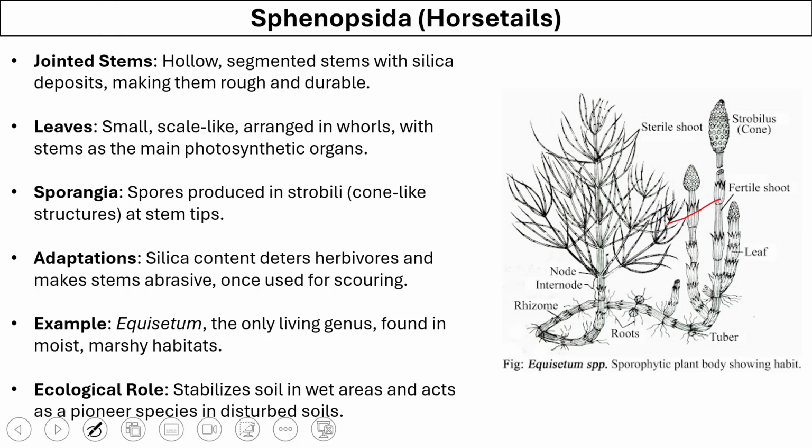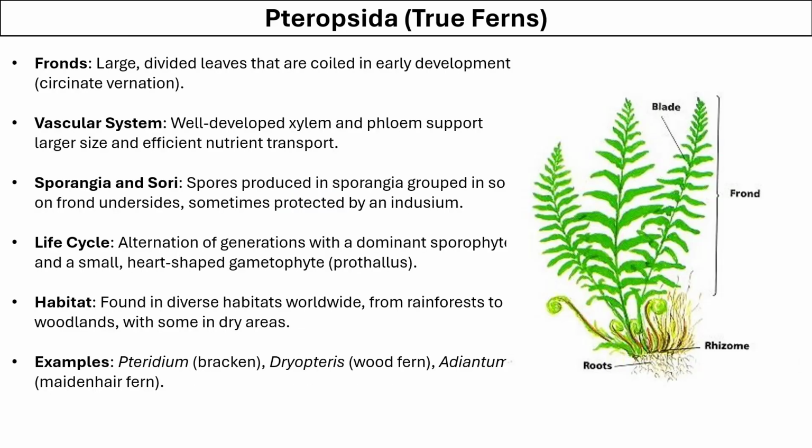The spores are produced in a structure which looks like a cone and is called strobili. The main adaptation of these plants is the deposition of silica, which prevents them from being eaten up by herbivorous animals. A common example of the plants in this division is Equisetum.